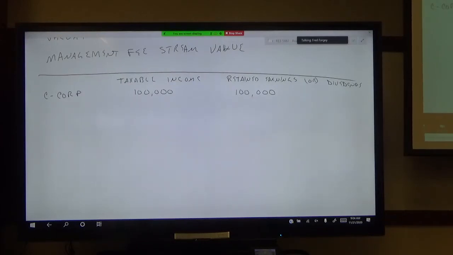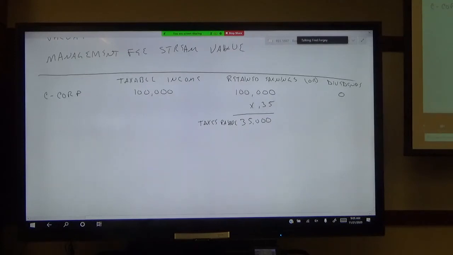So in this case, let's just say that corporate tax rate is 35%. So you'd have $35,000 of taxes payable on the taxable income. Does that make sense? Okay, and that's with $0 paid out in dividends.